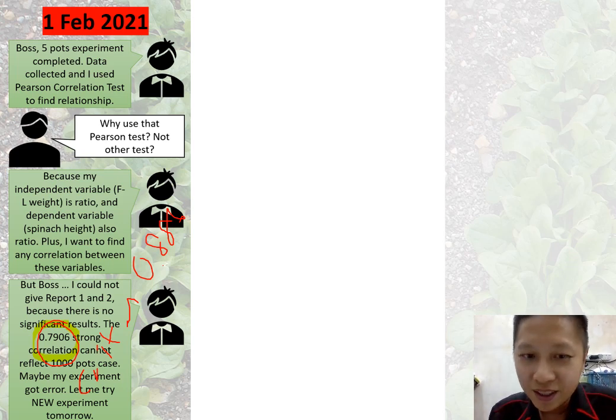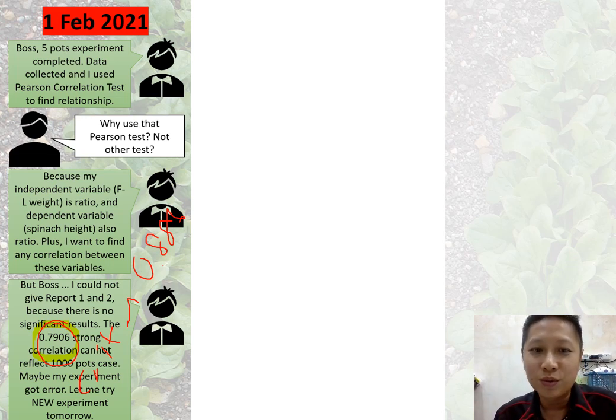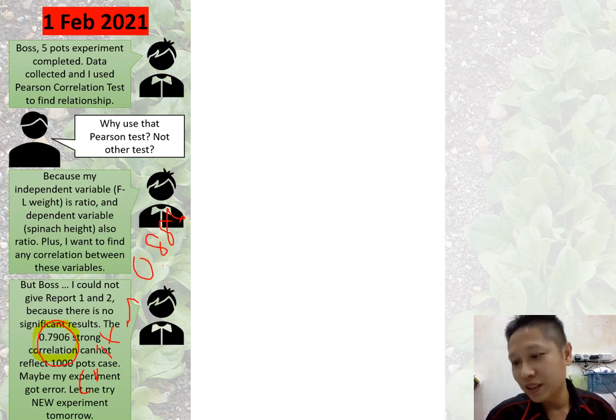There may be error, or else there's no correlation at all. So the staff proposed to do a new experiment to check whether it is because of the error or is there really a correlation between the weight of the fertilizer and the height of the spinach plant.